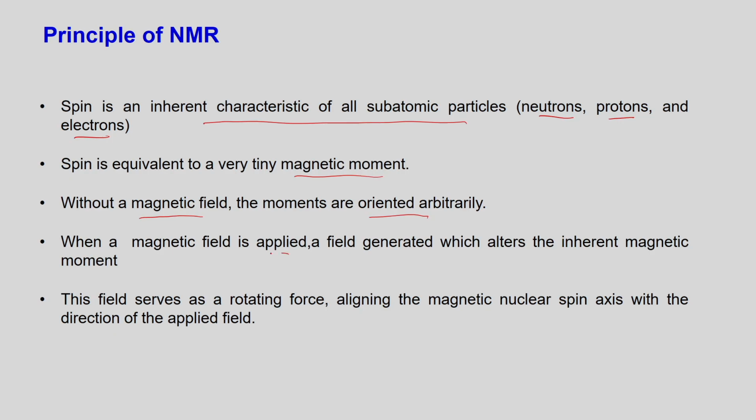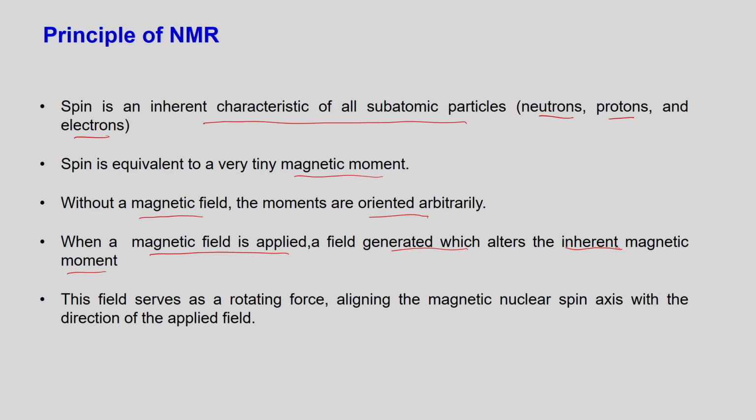But when an external magnetic field is applied, a field is generated which alters the inherent magnetic moment. Due to the applied magnetic field, the protons or nuclei will either align with it or oppose it.